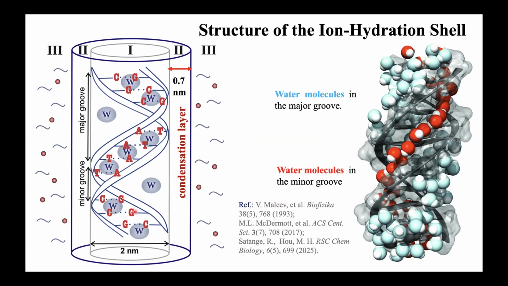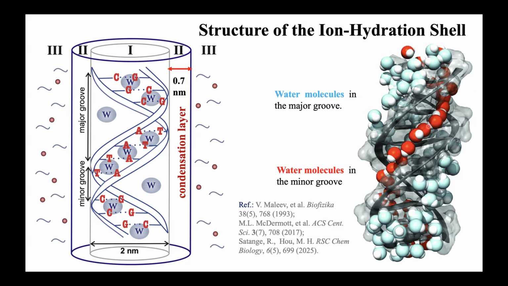Inside the double helix, in its grooves, the water molecules are even more ordered. Here the water molecules in the major groove are shown in blue, and in the minor groove the water molecules are highlighted in red.